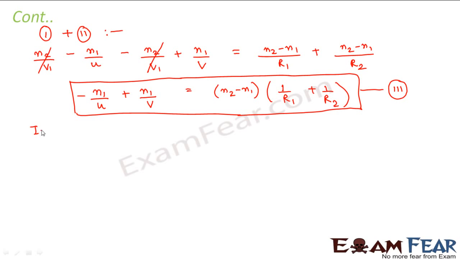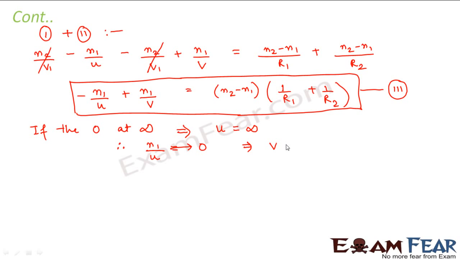Now let us suppose that the object is at infinity. Then what will happen? U will be equal to infinity. Therefore, N1 by U will approach 0. And where will the image be formed?